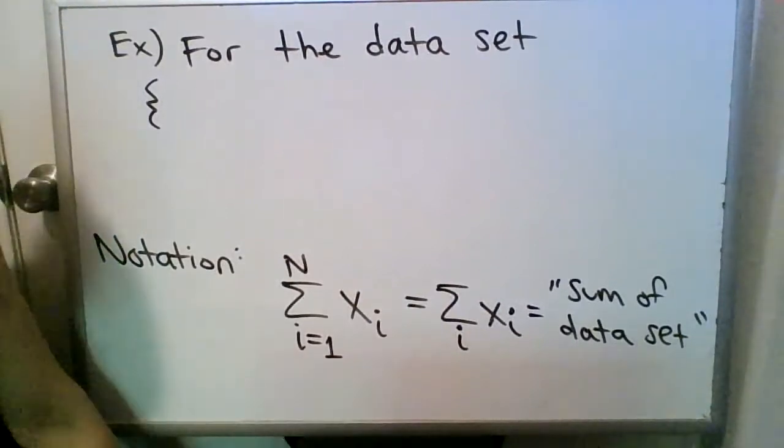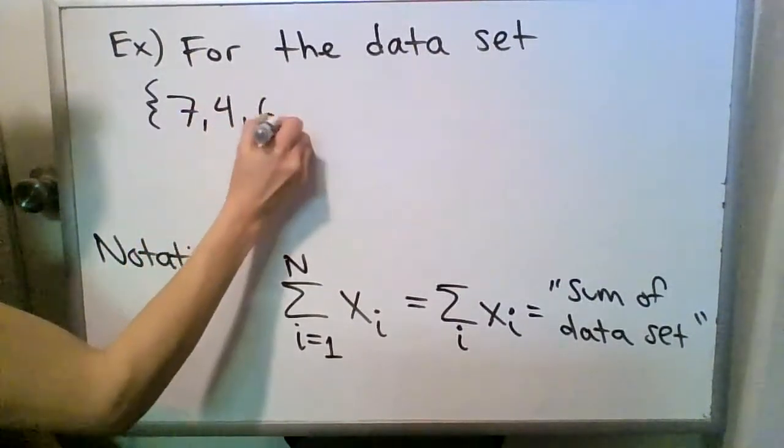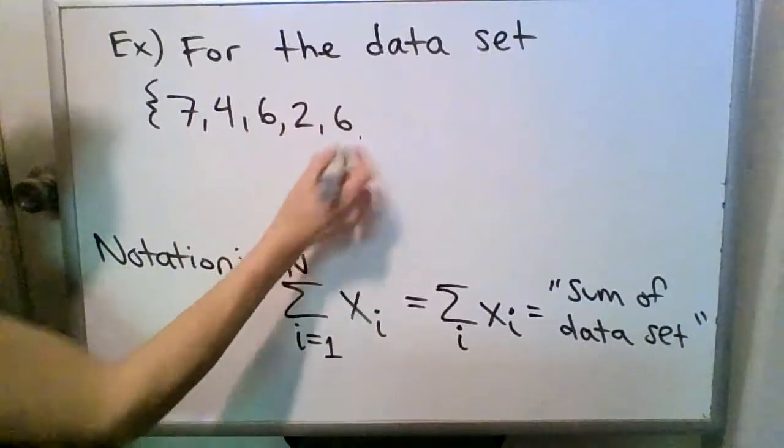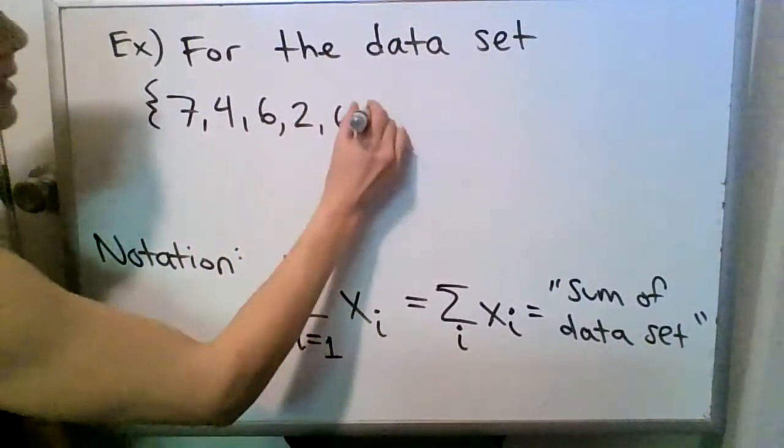Cool. So our set's going to contain 7, 4, 6, 2, 6. Then we have -3 and -6.